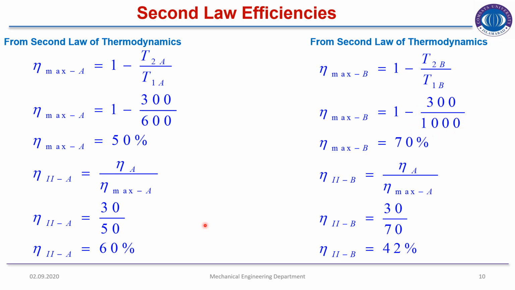That means heat engine A is more efficient than heat engine B, because both produce the same amount of work, but the source temperature for A is 600 and for B is 1000. So we have to supply more energy to maintain the source temperature, and the efficiency for heat engine B is less than heat engine A.